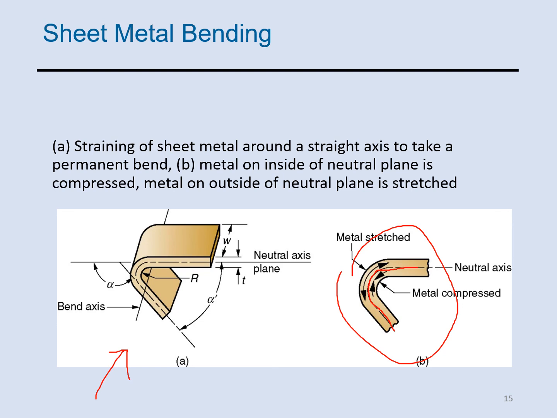The metal inside the neutral plane, somewhere here, is compressed, and metal outside here, as you see, is stretched. So we have tensile stress in this area and compressive stress in this region.